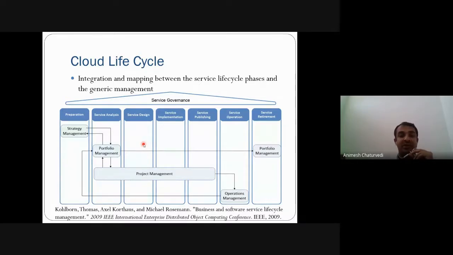These are management terms you would study in an MBA or similar courses. So they model this preparation as strategic management, service analysis as portfolio management, service design, service implementation, and service publishing as project management, and service operation as operational management. Then service retirement as portfolio management.